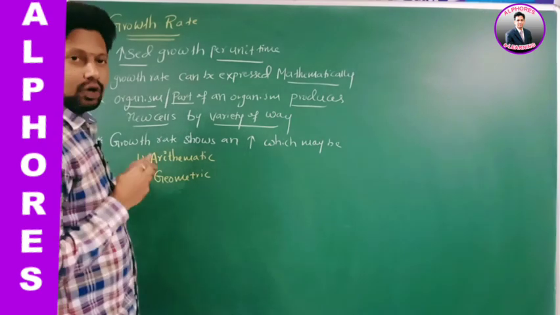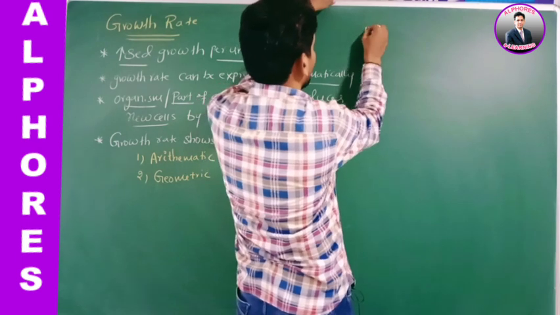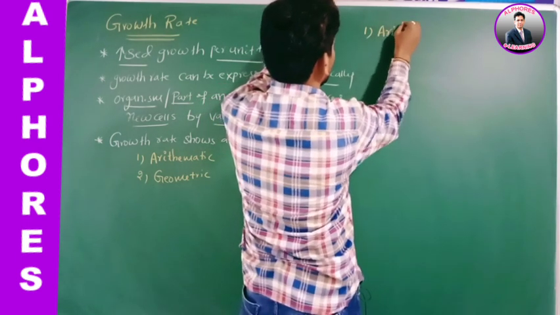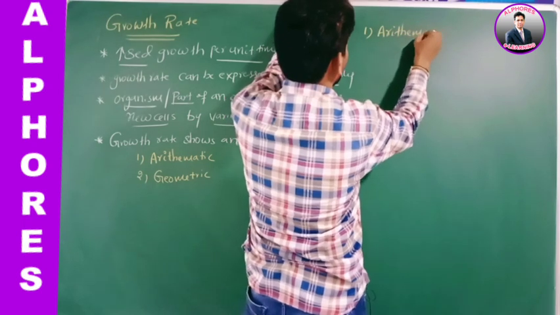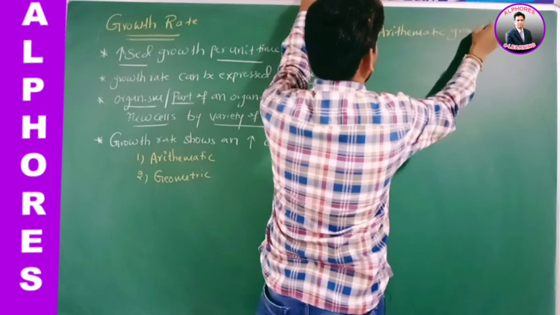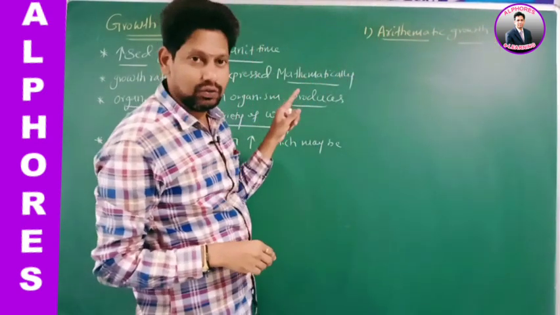Is it okay? Go for the first one. Which growth? Arithmetic growth, right?